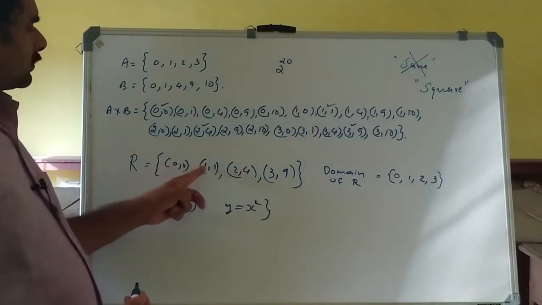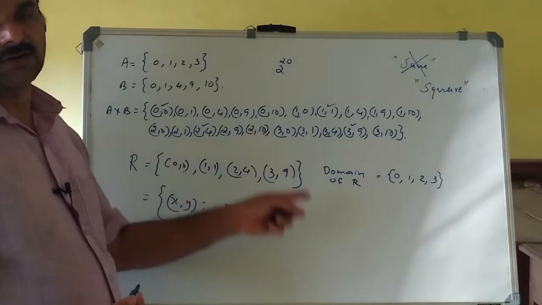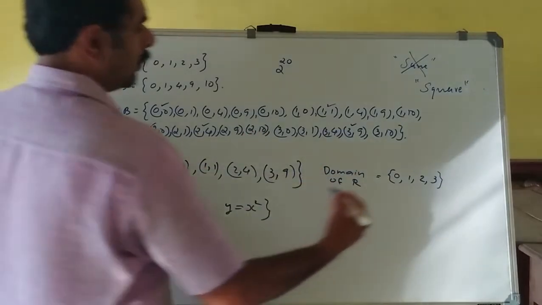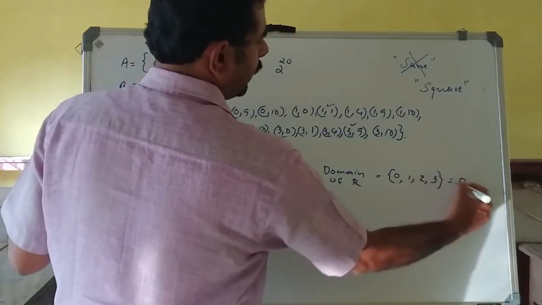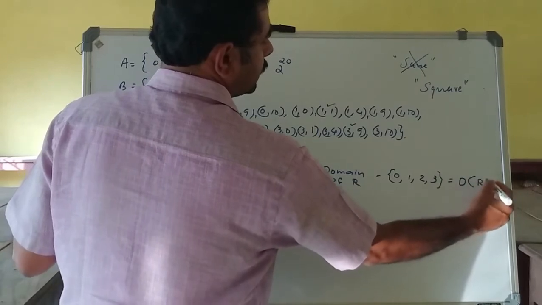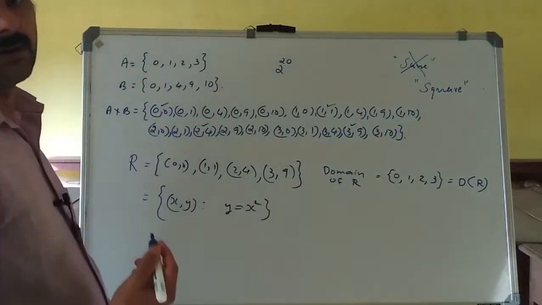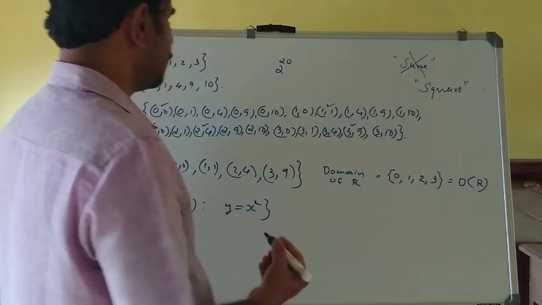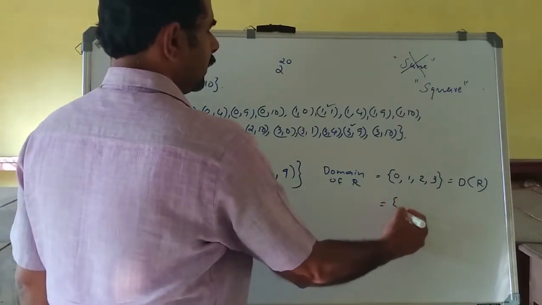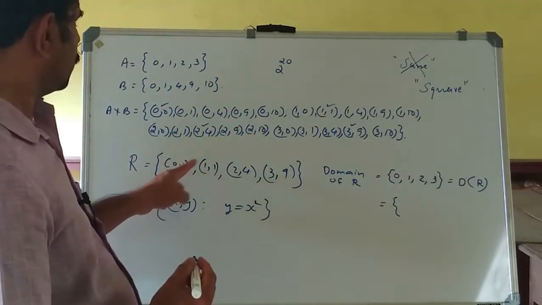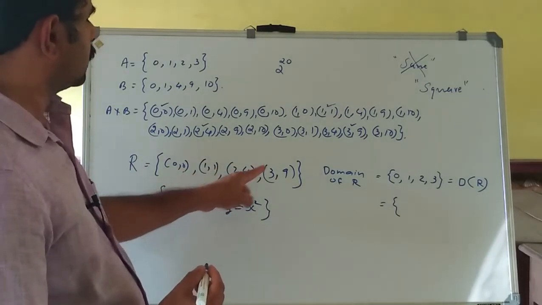So the set of first values is called what? Domain. Domain is represented as D of R, domain of R. Similarly, what are the second numbers? 0, 1, 4, 9.